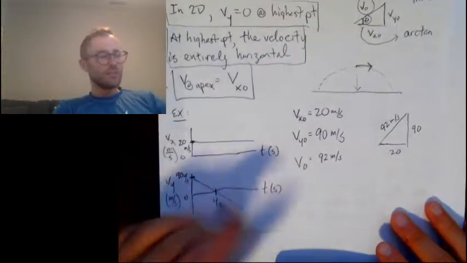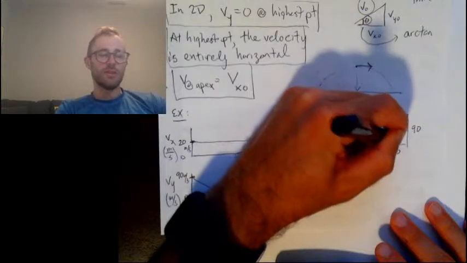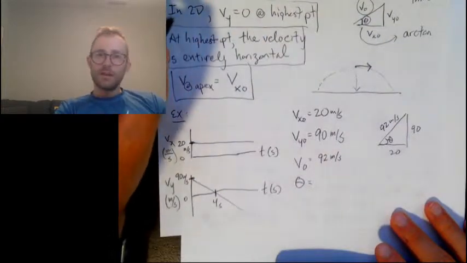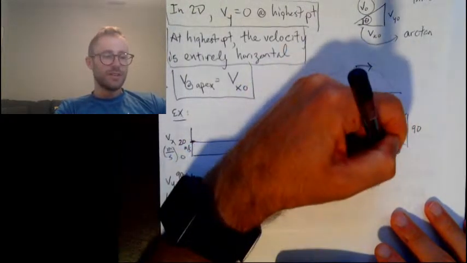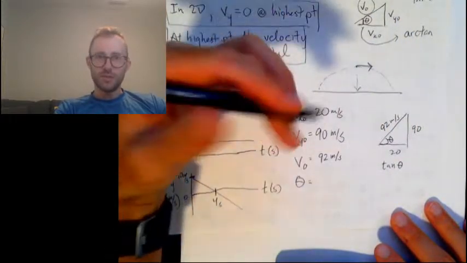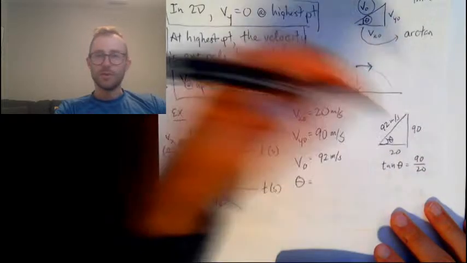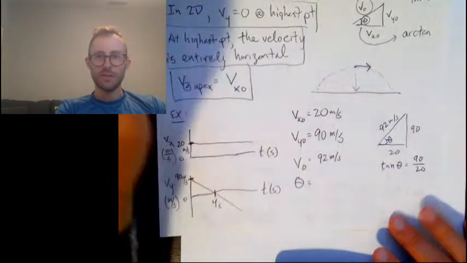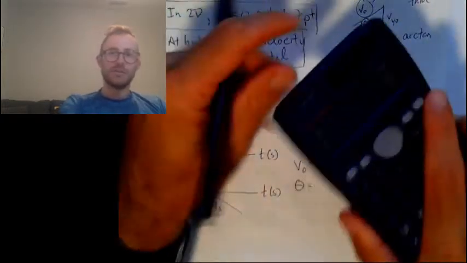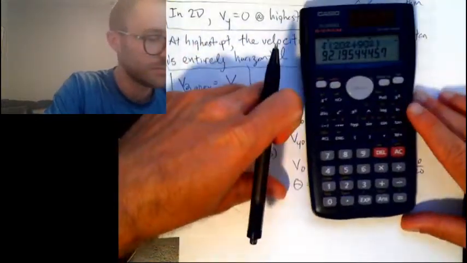What is the launch angle based on this? Well, the launch angle would be this. And so I can see that tangent of theta is opposite over adjacent. So that would be 90 over 20, or 9 over 2, canceling out the 10. So to get the launch angle, we would do an inverse tangent.